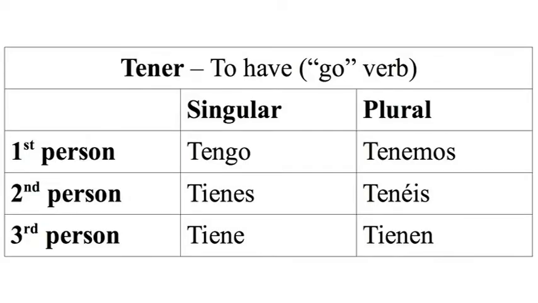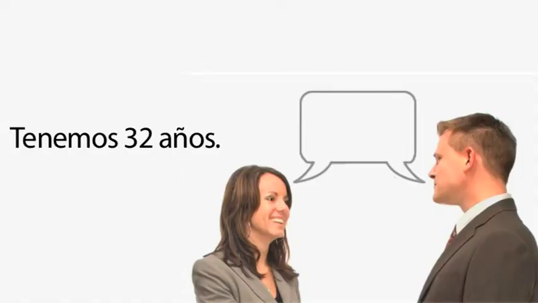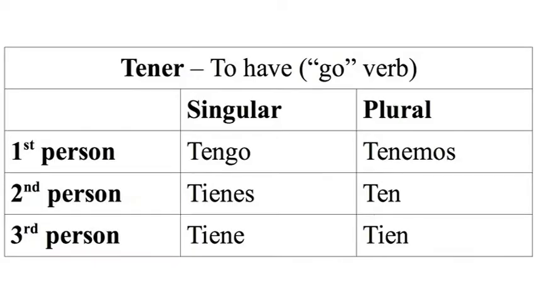Now, nosotros form. What is the regular ER ending for nosotros or nosotras? EMOS. Tenemos. Tenemos 32 años. We are 32 years old. And do you remember the tricky vosotros ending for an ER verb?